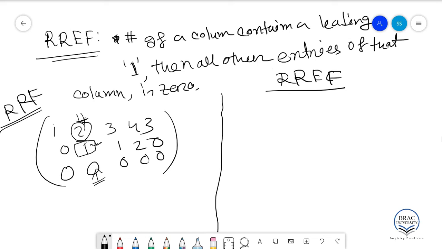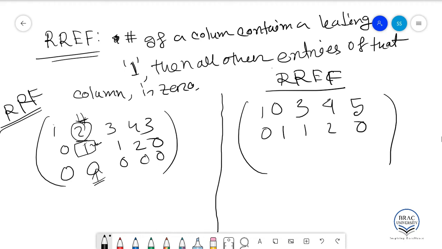But now let's take another example. We want to have, let's say, a 5 cross 3 matrix, and we write the entries as 1 0 3 4 and 5. Let's write 1 0 1 1 2 0, and the third row is simply 0. You can see that this satisfies all the properties that are satisfied by this one, but it has some extra feature.